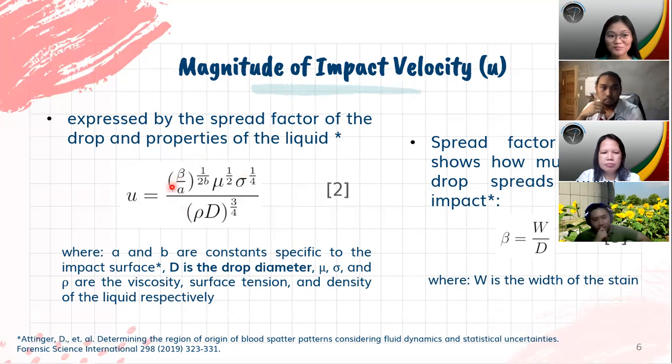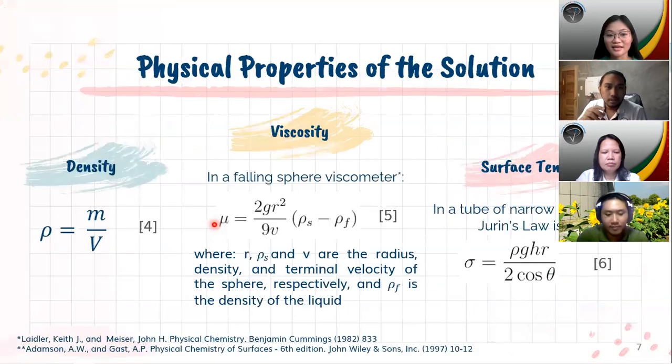Affected po dito yung drop formation, tapos yung pag-form ng stain. From a previous study by Adrian et al., they established this relationship between the properties of the liquid and the impact speed or the magnitude of the impact velocity. Yung D, yes po, the drop diameter, define siya with V, tama ba yung sa next page?